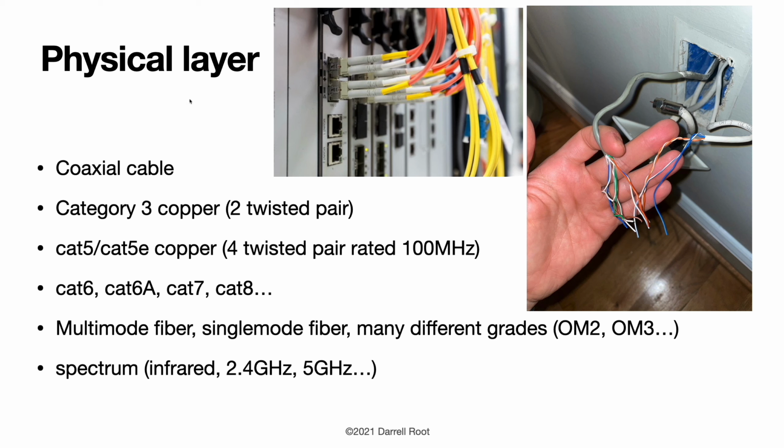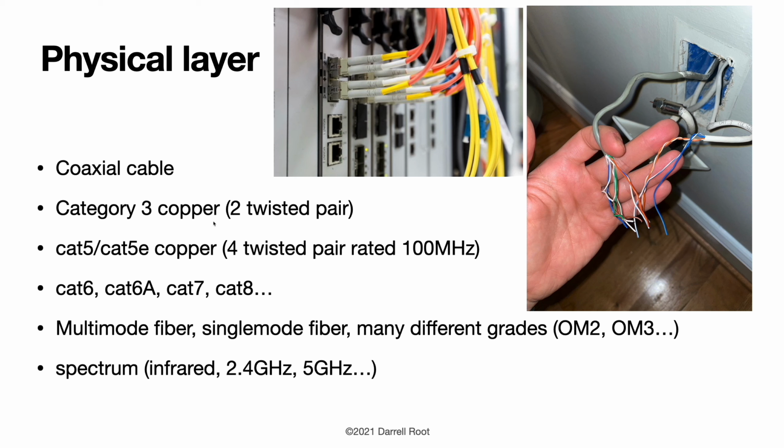Here are some examples of the physical layer. Coaxial cable. You may have cable internet access at home, and that coaxial cable is a good example of a physical layer providing network connectivity to your home, and that'd be an example of a wide area connection, although it could be used for local area connections as well.